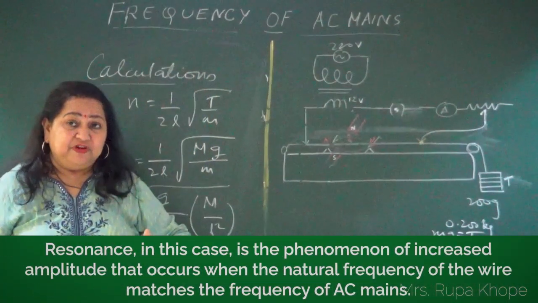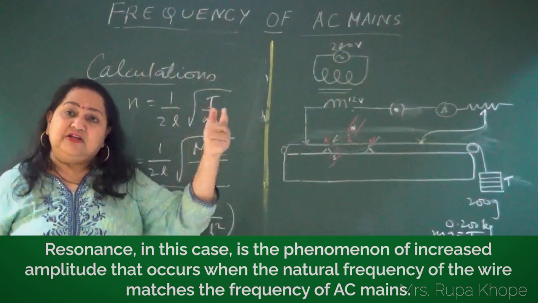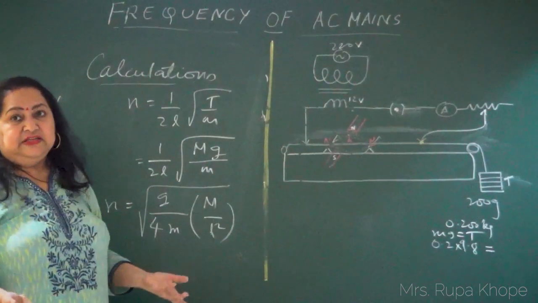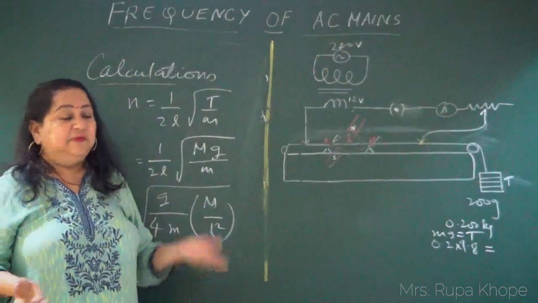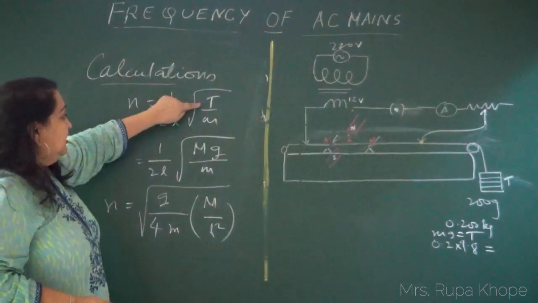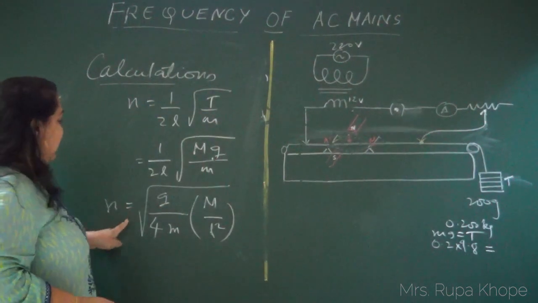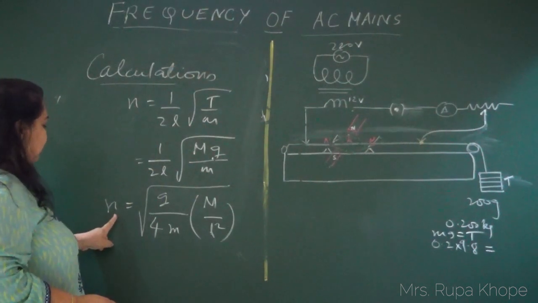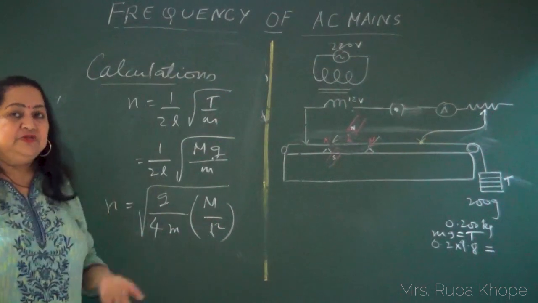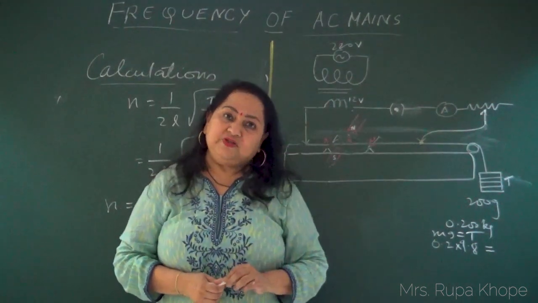The natural frequency of the wire is equal to the external periodic frequency, that is AC. So if we find this, we find the answer as the frequency of AC mains, because the principle is resonance. Look here, n is the frequency of the wire, L is the resonating length, T is the tension, which is m into g, m is the mass per unit length. Then we just modify the formula and we get m is equal to g upon 4 n squared, M upon L square. Now let's go to the laboratory and perform the experiment and find out what is the frequency of AC mains.